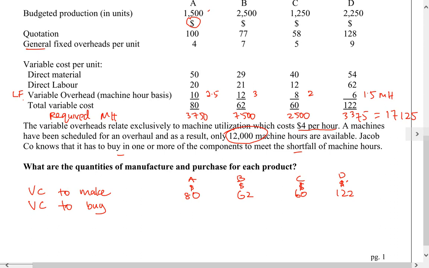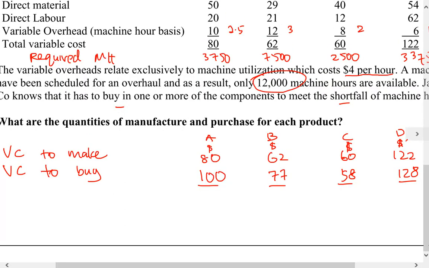To make? To buy. Quotation is the purchase price, the quotation price. Variable cost to make, variable cost to buy, 20.